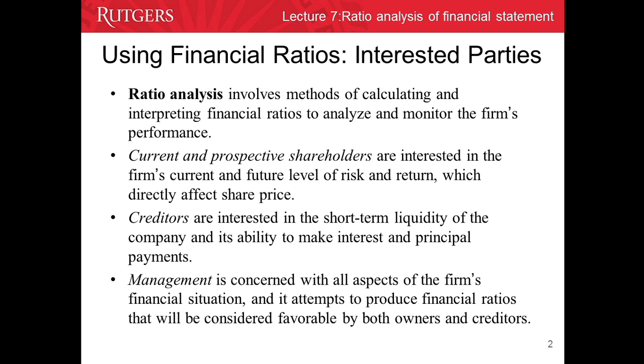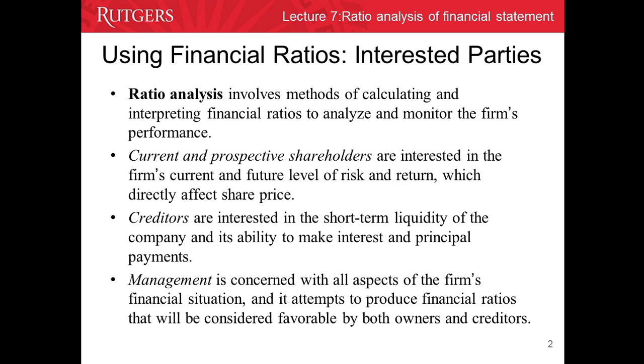So ratio analysis involves methods of calculating and interpreting financial ratios to analyze and monitor the firm's performance. Some auditors can use these ratios to facilitate the formulation of the audit opinion. Besides auditors, there are also some other parties that are interested in the financial ratios, such as the current and prospective shareholders.